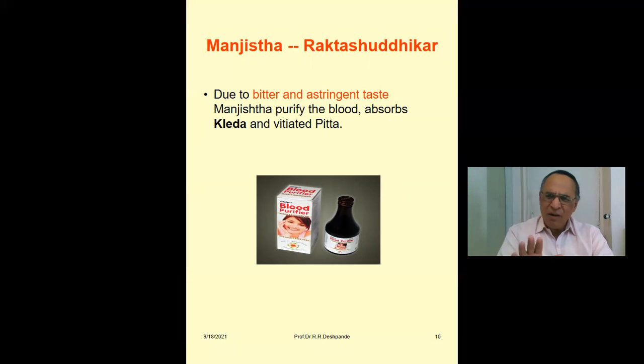So ama is also generated if some bacteria, allergens, fungus or viral infection attacks; whatever toxins those microorganisms create are also called ama in Ayurveda. So ama is of two types: endogenous and exogenous.